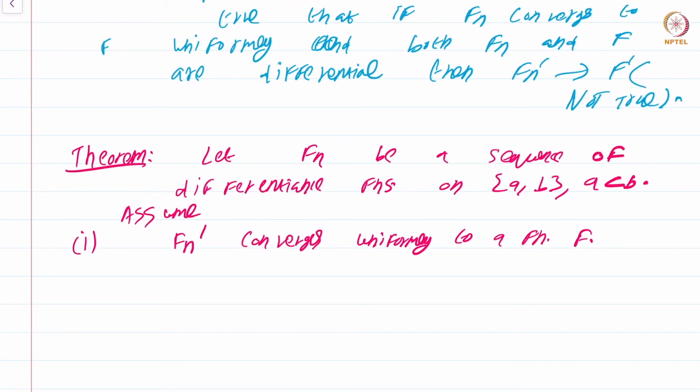I must add one hypothesis: continuously differentiable. That means the derivatives are all continuous functions. This is the first hypothesis.